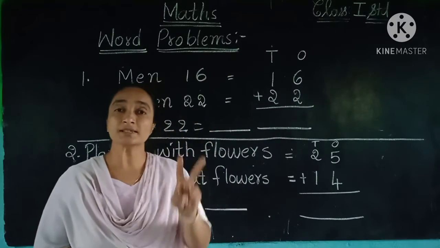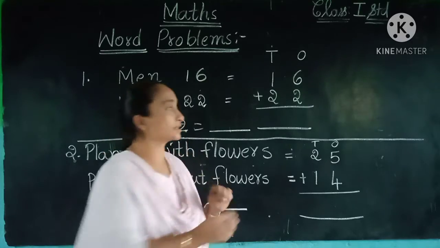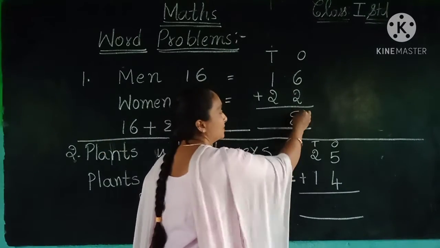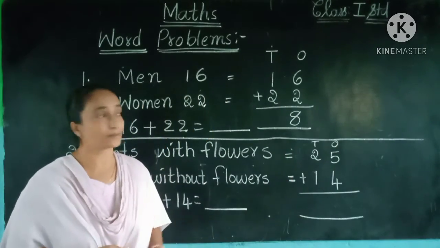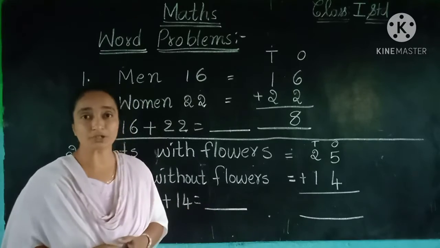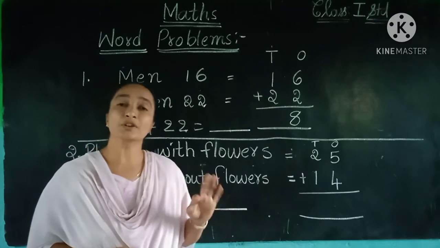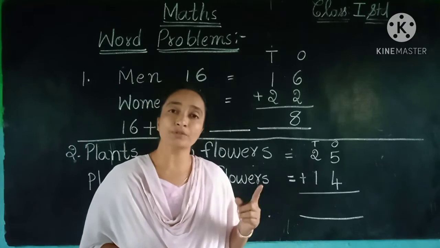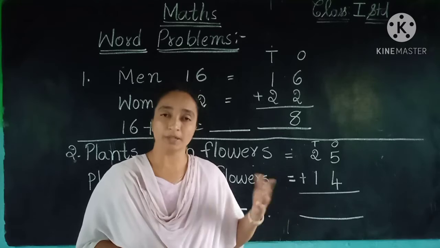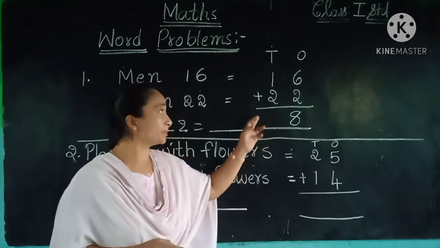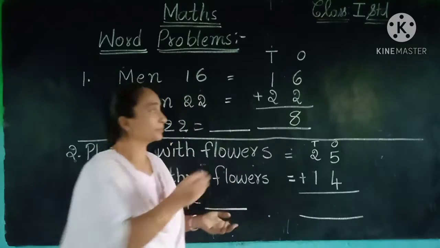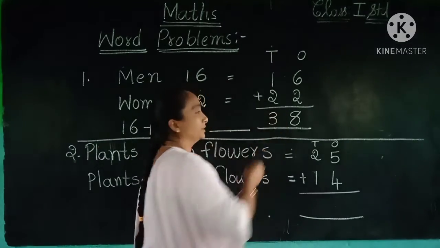Take 2 fingers, 6, after that 7, 8. So in the ones place, we got 8 ones. Now the tens place, 1 plus 2. 2 plus 1 or 1 plus 2, how much? We are adding 1, so the big number is 2, 2 after that 3. So here we can write the 3.